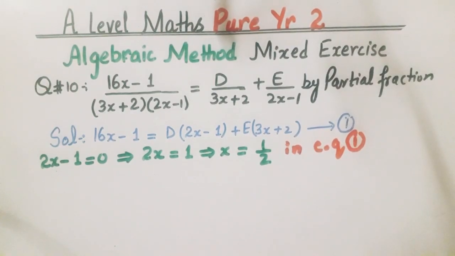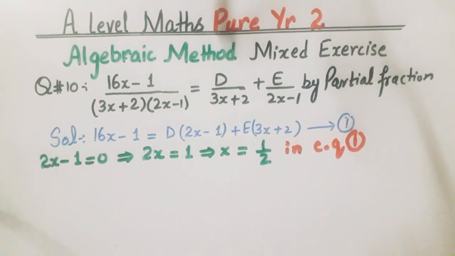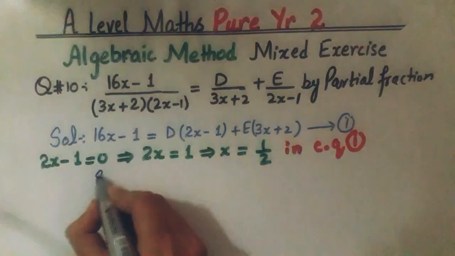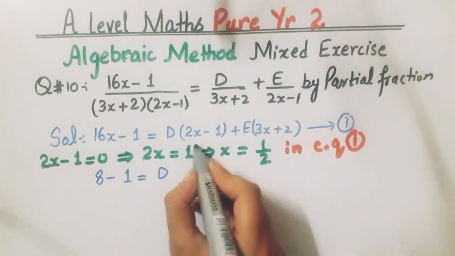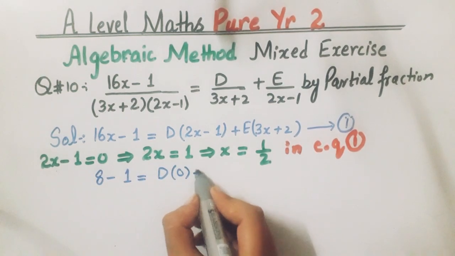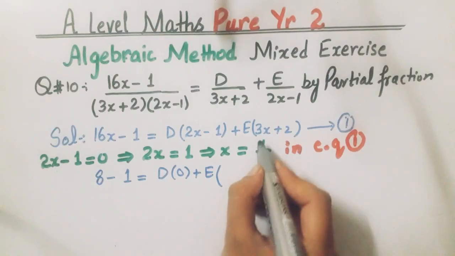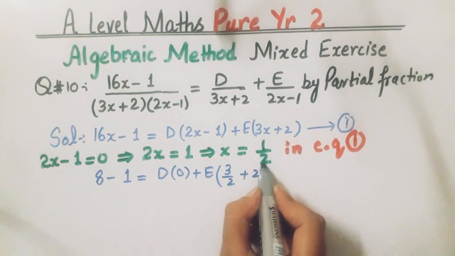So we will get 16 into 1 over 2, which is 8. So 8 minus 1 equals d into 0, because 2x minus 1 equals 0, plus e into 3 into x, which means 3 by 2, plus 2.